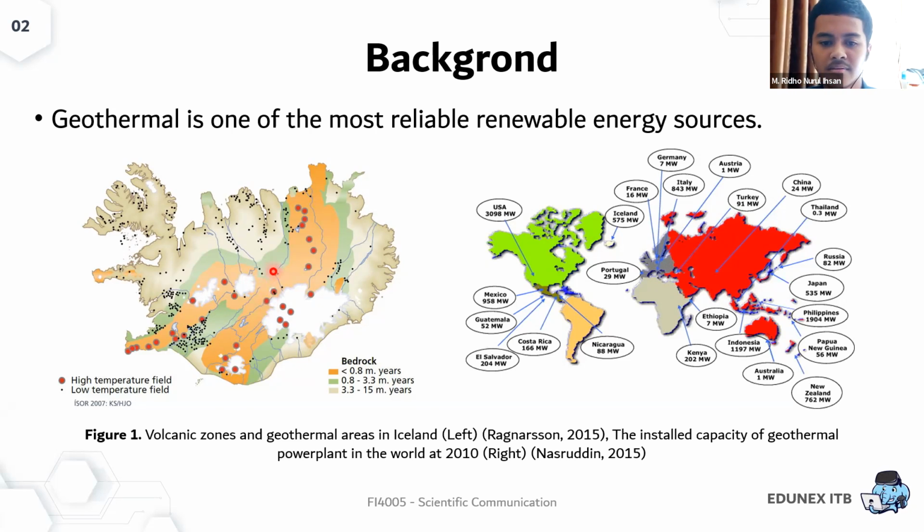In the high temperature field, the geothermal steam is used for electricity generation, and the low temperature field is used to supply hot water for heating houses. The picture on the right is the installed geothermal power plant capacity in the world.